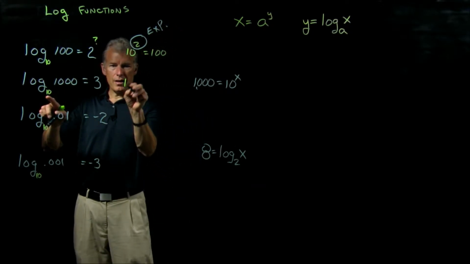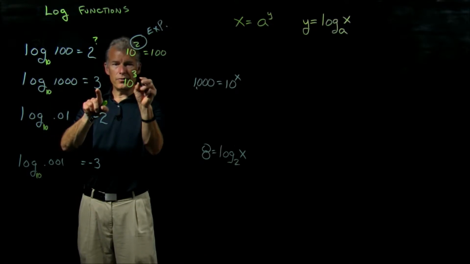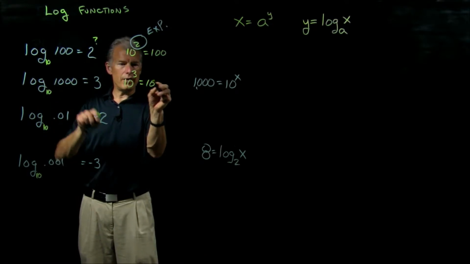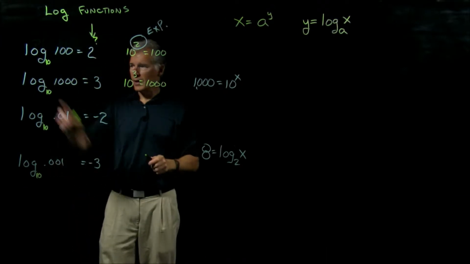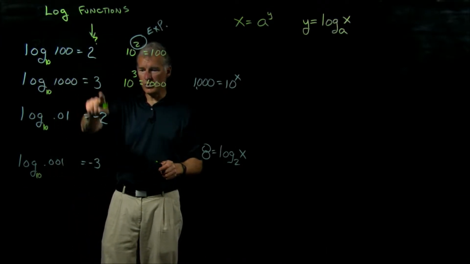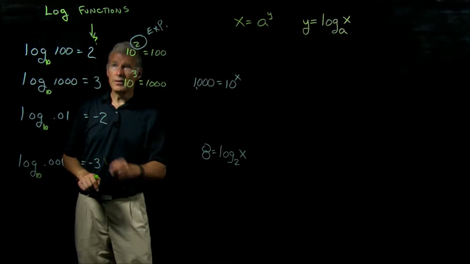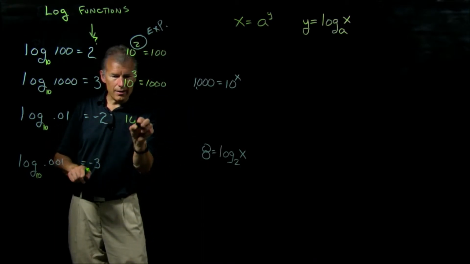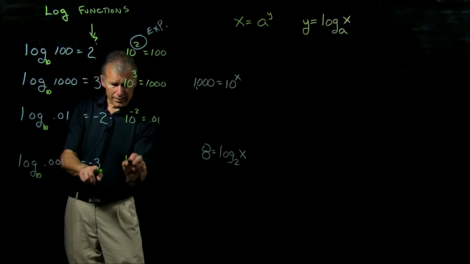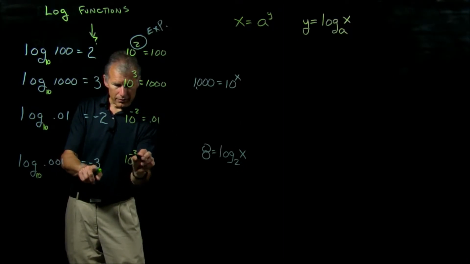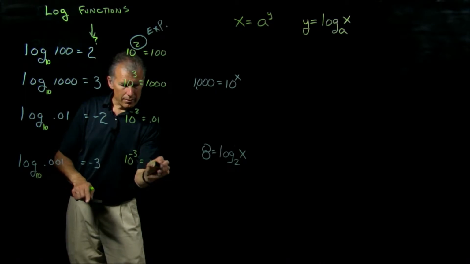Same here. 10 raised to the power of 3 equals 1,000. So these, again, these are all exponents. Every time you push the log button, the result is an exponent. This would be 10 raised to the power of -2, gives you that. This is 10 raised to the power of -3 will give you that.